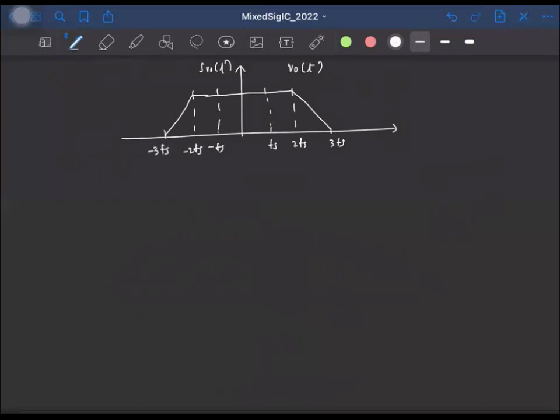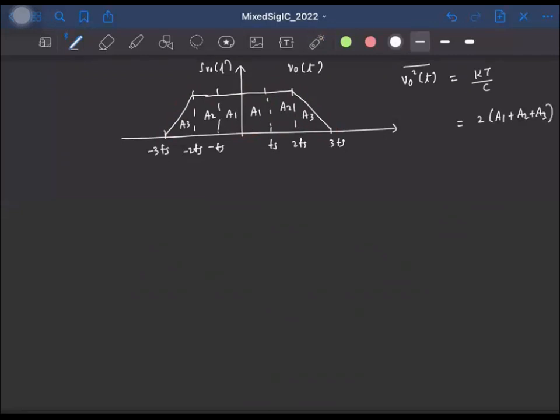Okay. We know that the mean squared value of V naught of t is kT by C. And this is essentially equal to the total area of this curve, right? And if I say that the area of this portion is A1, this portion is A2, and this triangular portion is A3, I'll have the same on the negative frequency side also. So the total area is 2 times (A1 plus A2 plus A3).